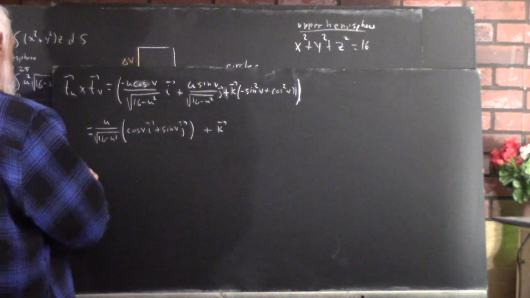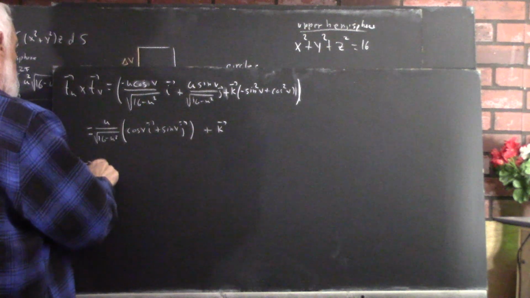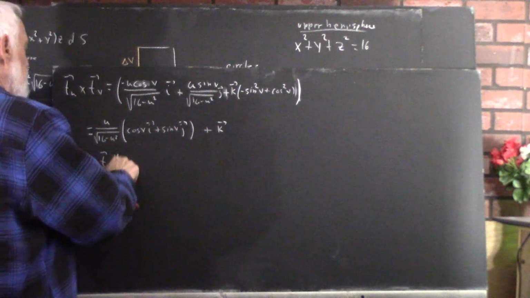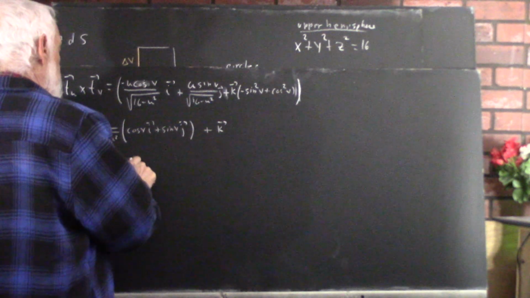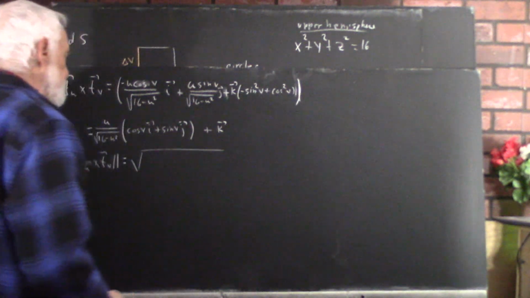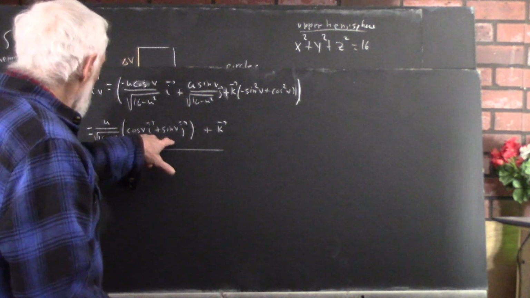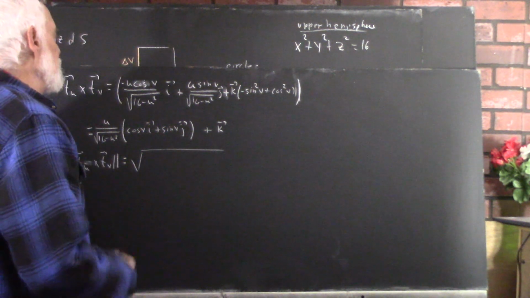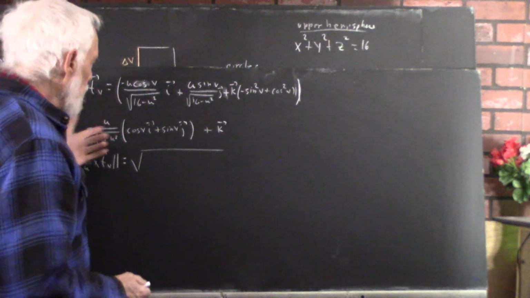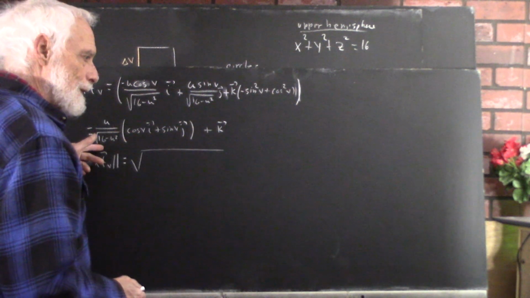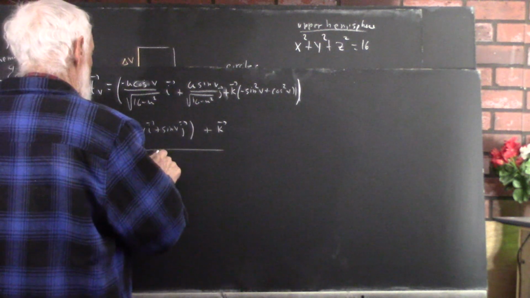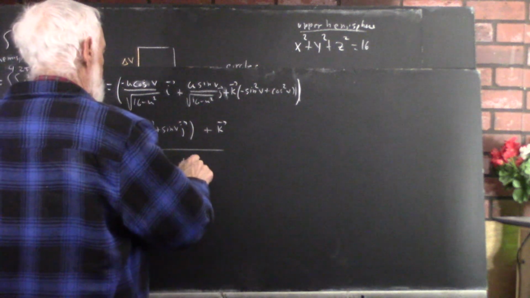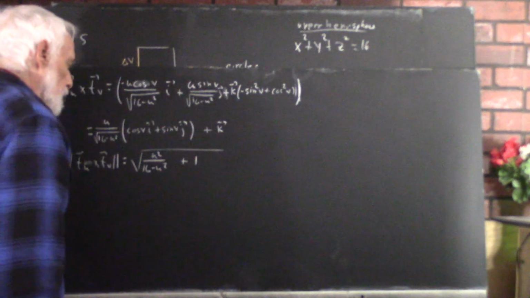So the magnitude of T_u cross T_v, and the arrow goes over the T, not the u, is going to be the square root of, well, this vector has magnitude u over 16 minus u squared. If you work it out, when you square the magnitude of this part, you're going to get u squared over 16 minus u squared plus 1.